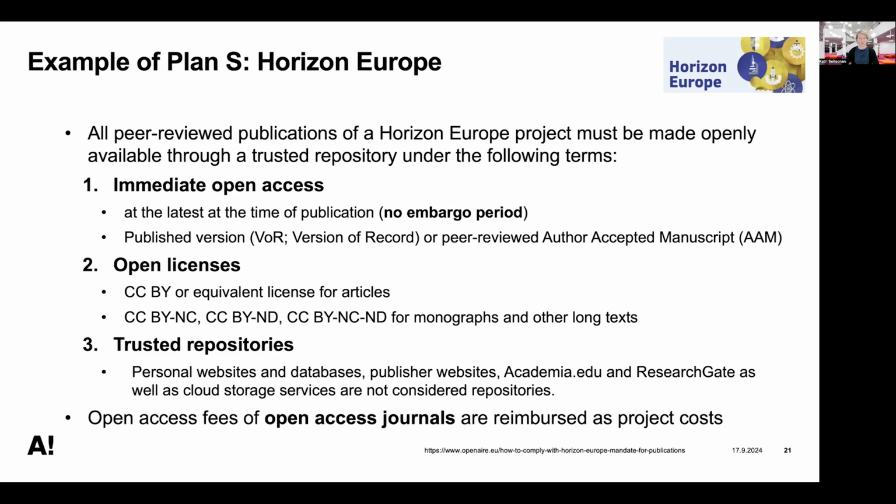In addition, it must be deposited to a trusted repository to guarantee the long-term preservation. And here it's good to keep in mind that personal websites, publisher websites, commercial services like ResearchGate are not considered as trusted repositories, but you can utilize, for example, institutional repositories.